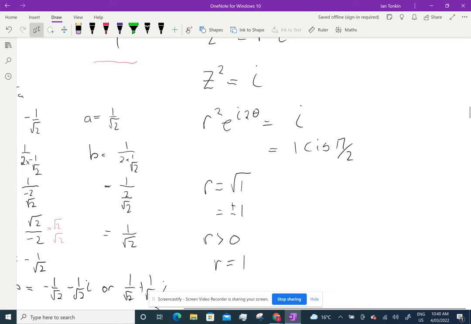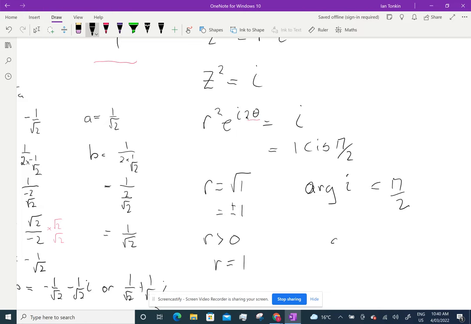But now, over here, I've got the argument of 2 theta. The argument of i is pi on 2. So I'll just write this, the argument of i.